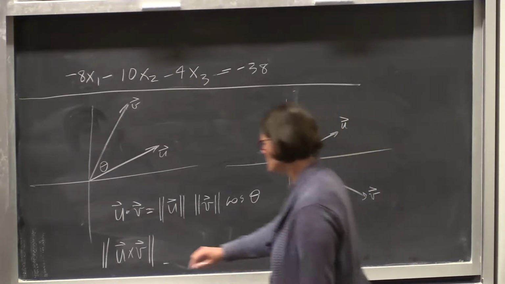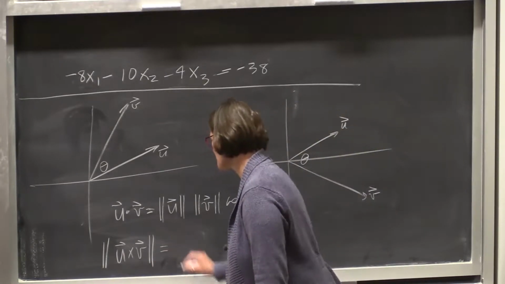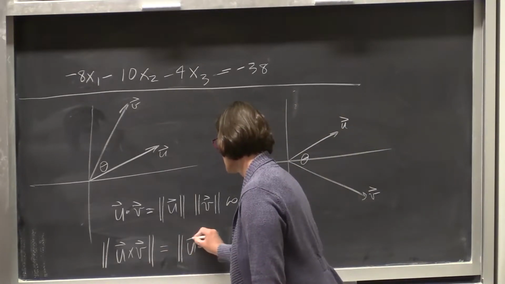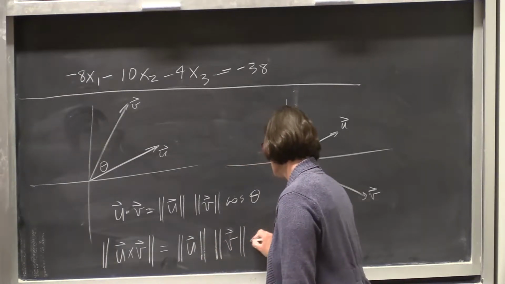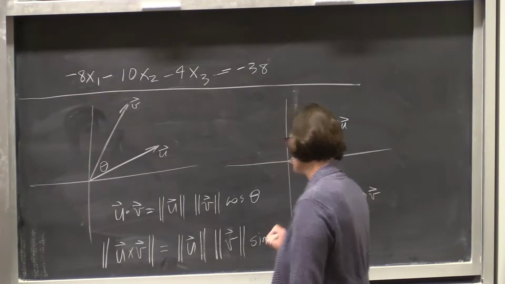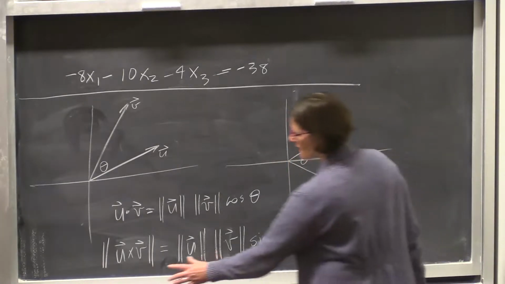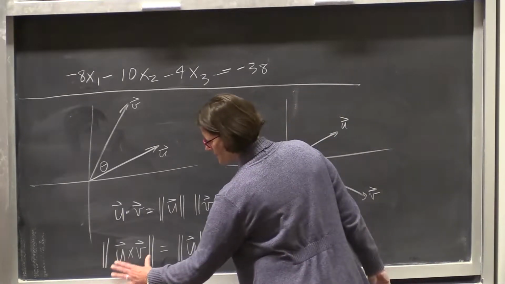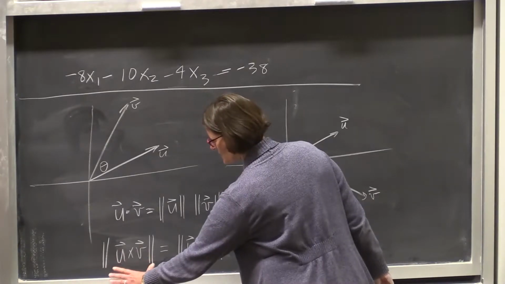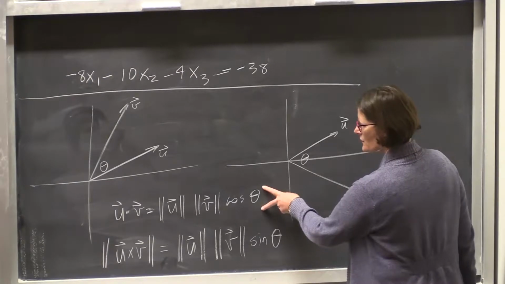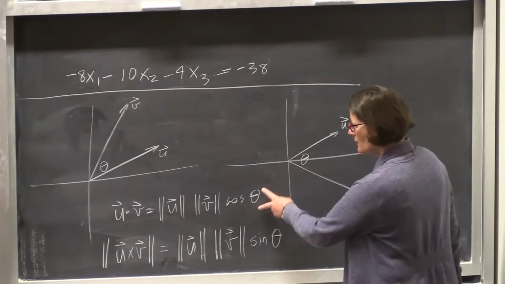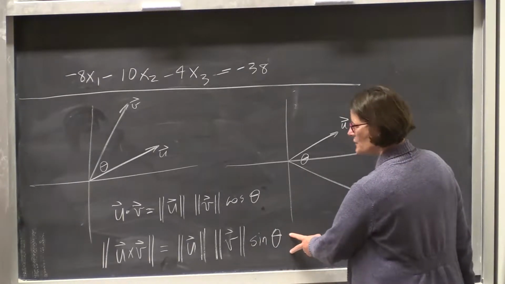If you grunge through this, at the end of the day you're going to get the length of u times the length of v times sine theta. You grind and you grind, and at some point you're going to use this, and you grind a little bit further, and you get to this.